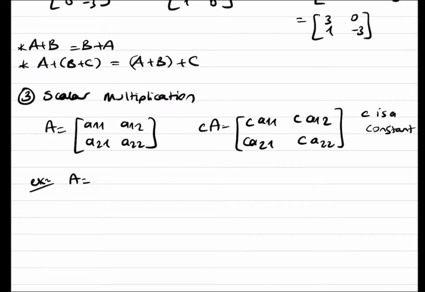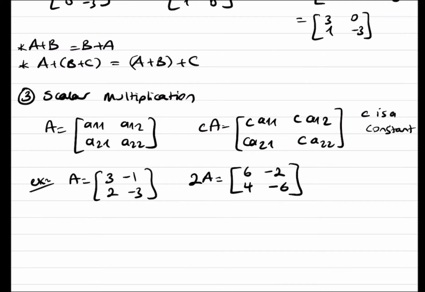Let's say A is equal to 3, minus 1, 2, minus 3. Then 2A is equal to 2 times 3, 6, 2 times minus 1, minus 2, 4, minus 6. So this is 2A.